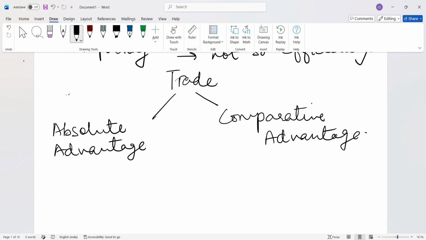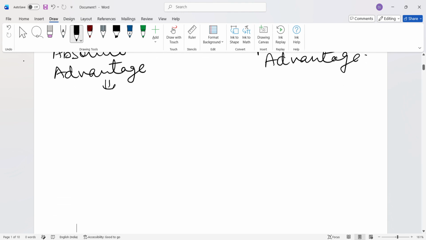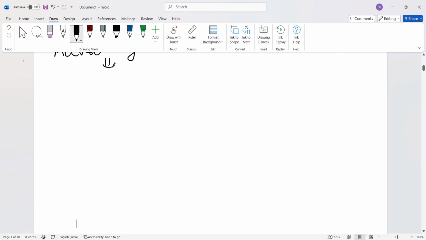Okay, let's first understand what an absolute advantage is. Absolute advantage is when you are more productive at producing a product given the same number of inputs or equal quantity of resources. So let's say two countries have the same quantity of resources, but one is more efficient in the production of a good as compared to the other. We will do a little matrix here in order to understand both absolute and comparative advantage.